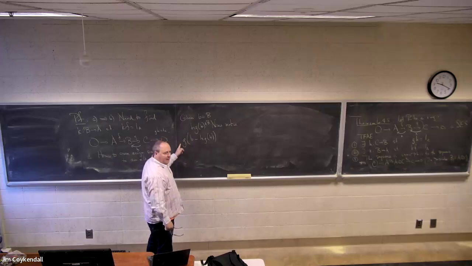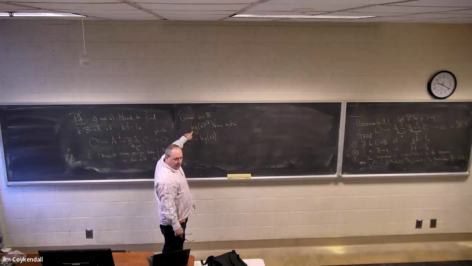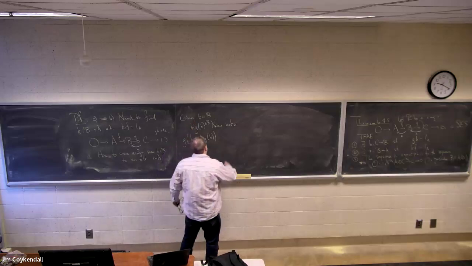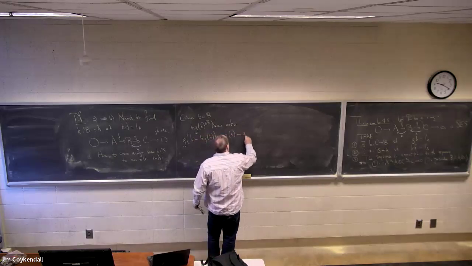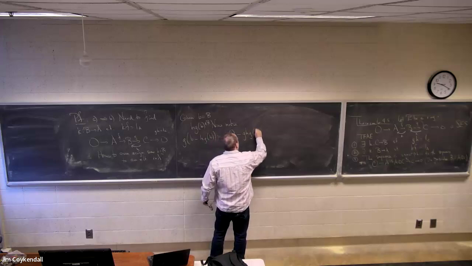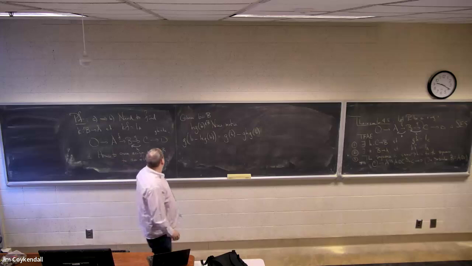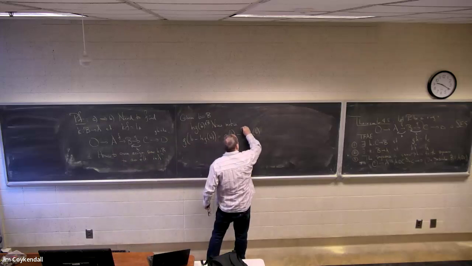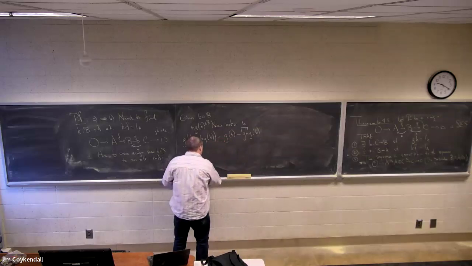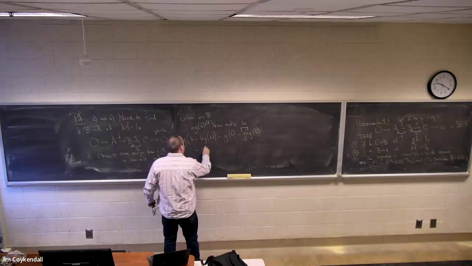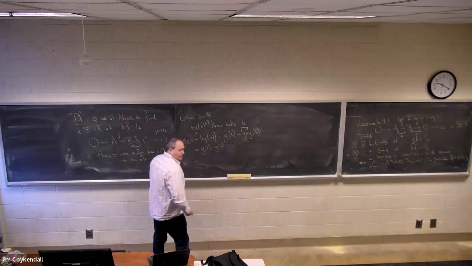Now, I want you to notice this. If I look at the difference between B and my laundered B, this is GB minus GHGB. But GH is the identity on C, so this is GB minus GB, which is 0.